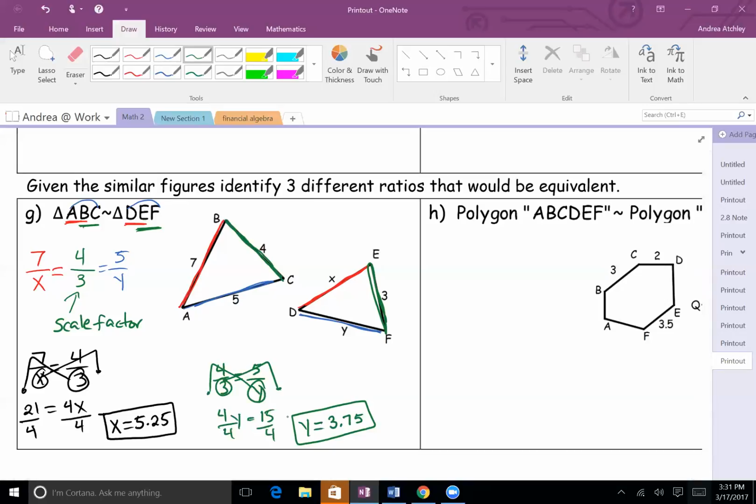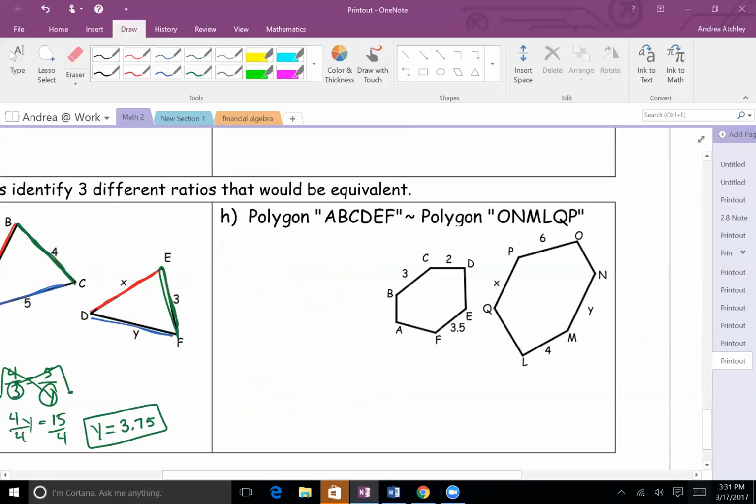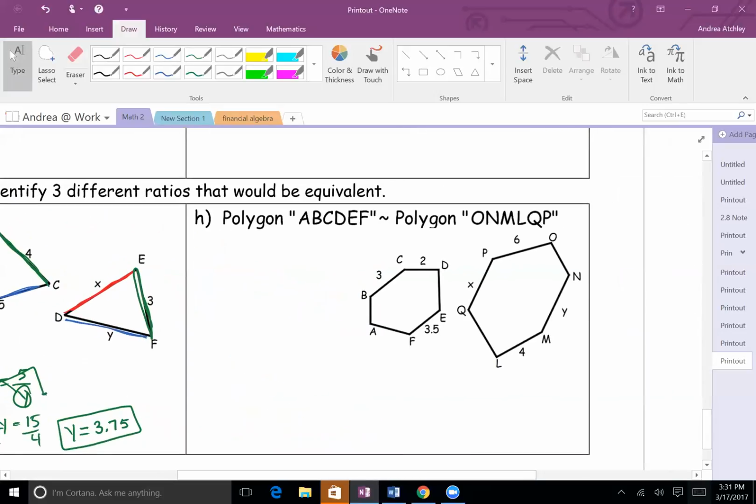Okay. Now the polygon, this one's a little bit more complicated because there's a lot of sides. So again, just find one of the sides. Here's BC. BC are those first two letters, and MM, we're going to be there. So it's going to be 3 over the y.